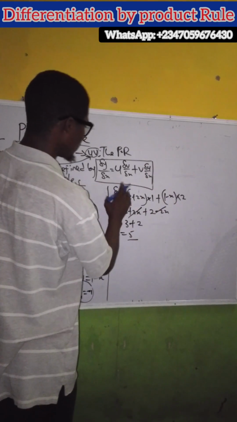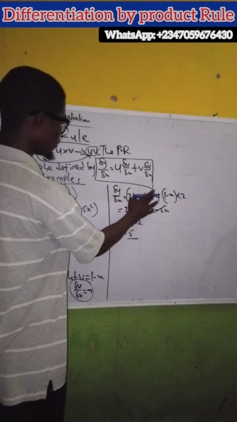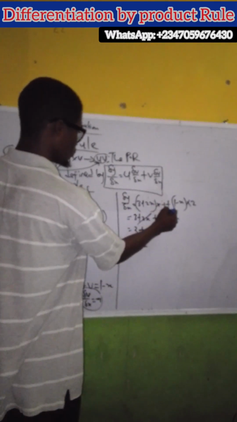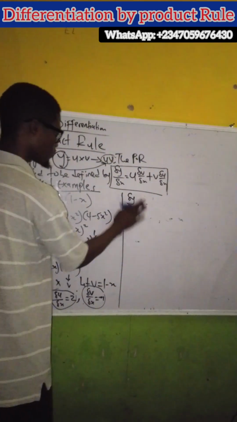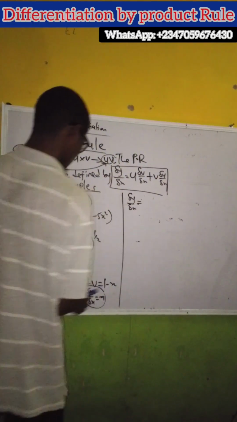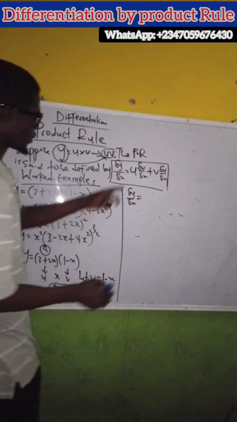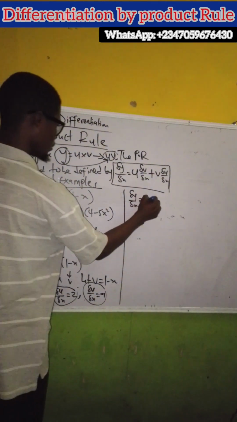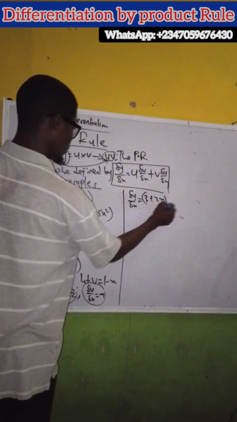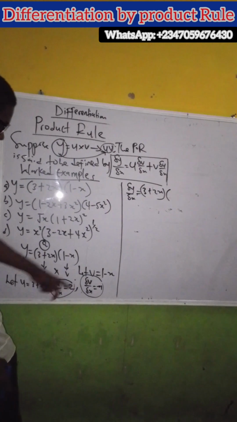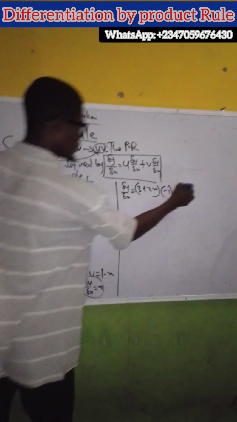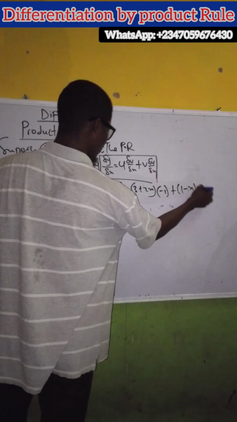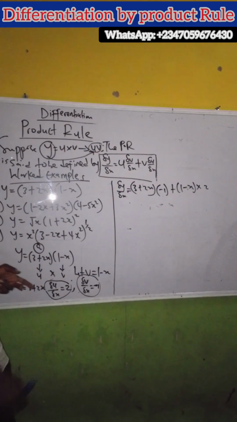So from this place, we already know that dv over dx is minus 1. Okay, and just start again. The dy over dx equals what? Our u is 3 plus 2x, then our dv over dx is minus 1, plus our v is 1 minus x multiplied by 2.